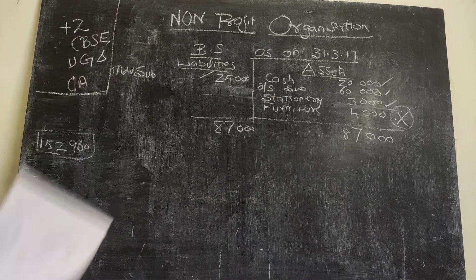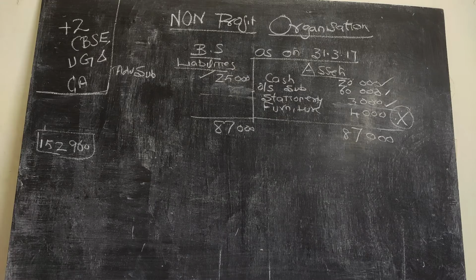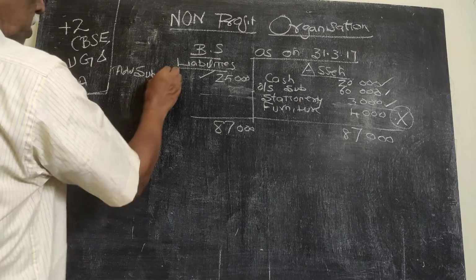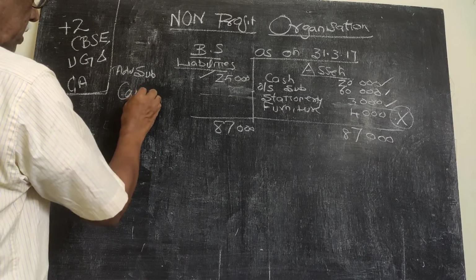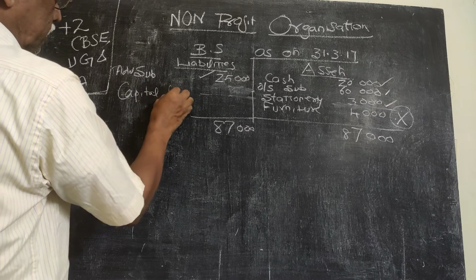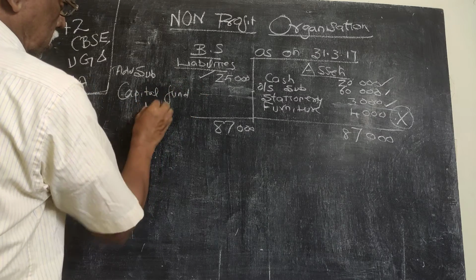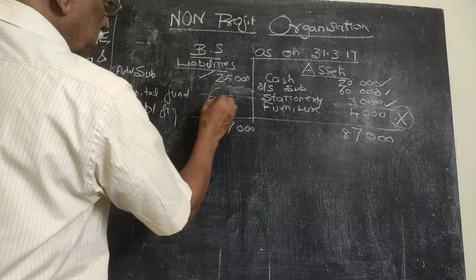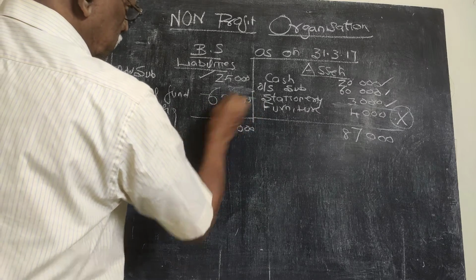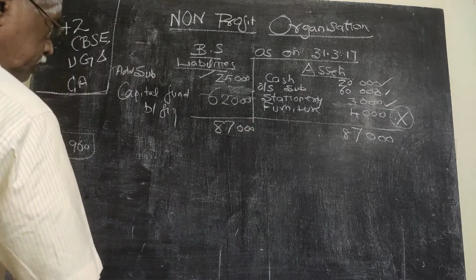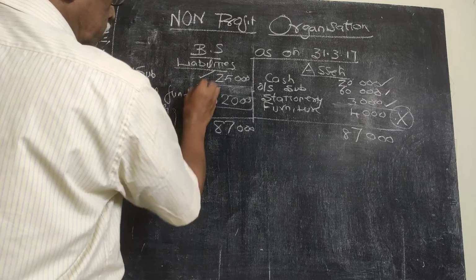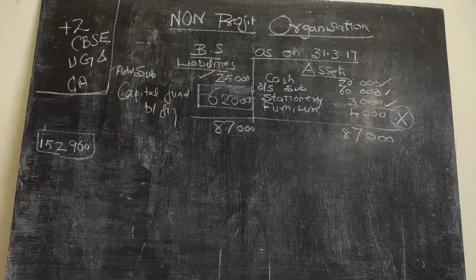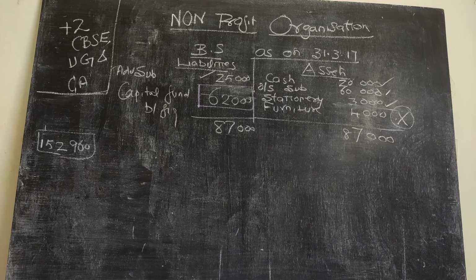So furniture 4,000, therefore the total is 87,000. There is only one advance subscription. Therefore the balance sheet figure is capital fund. Balance sheet figure, that is 62,000. So we have found out the opening capital.